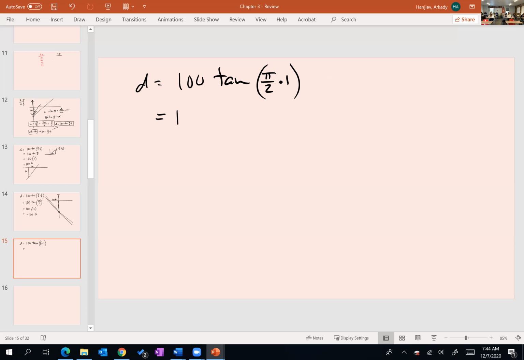All right. Anybody give me tangent of pi over 2? Is it undefined?